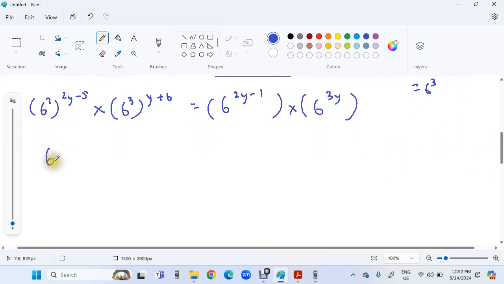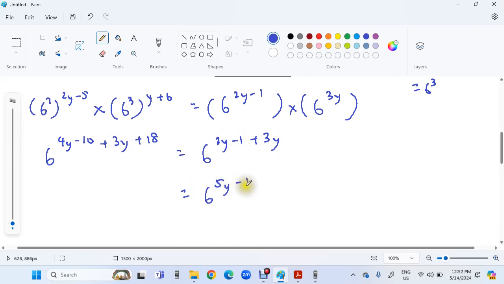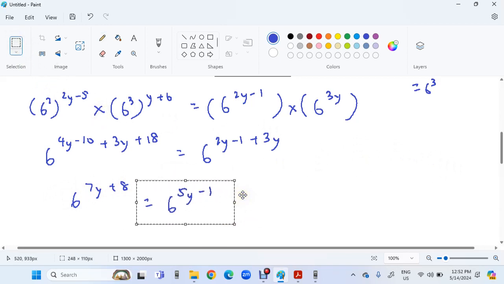Then we have 6 to the power 4y minus 10 plus 3y plus 18 equal to 6 to the power 2y minus 1 plus 3y. This is 6 to the power of 5y minus 1. Then 7y plus 8. So we write two terms.